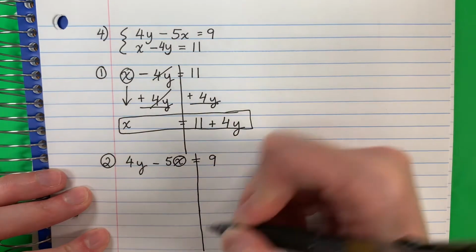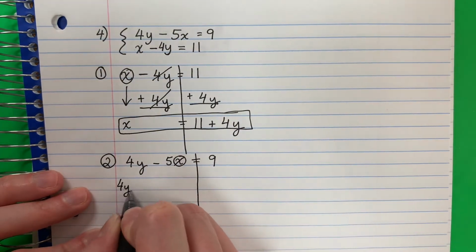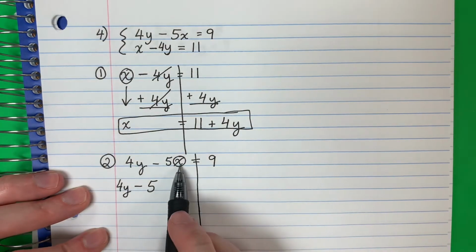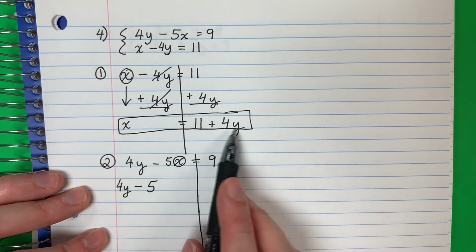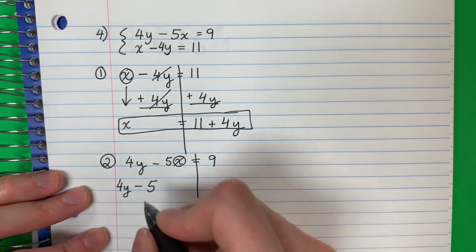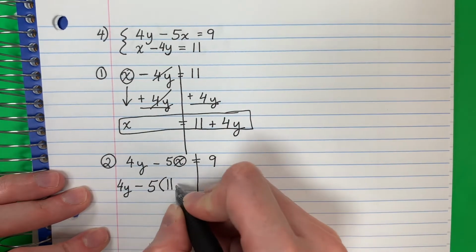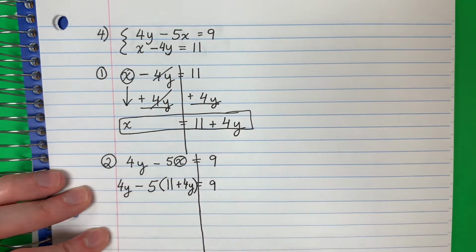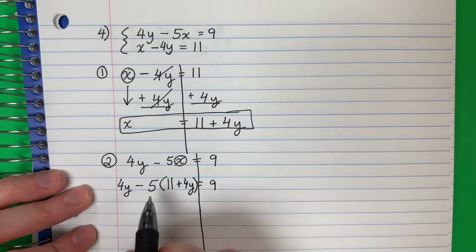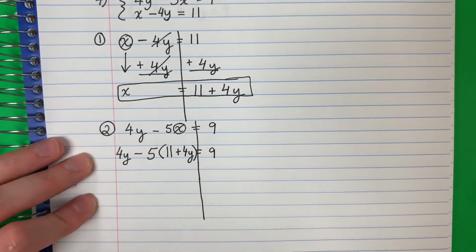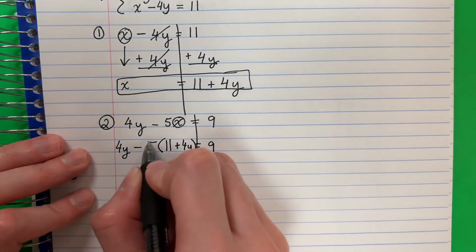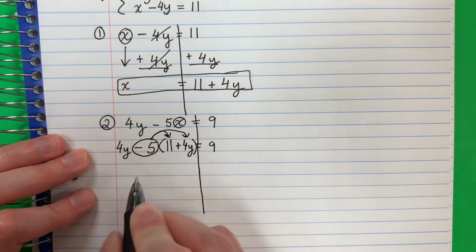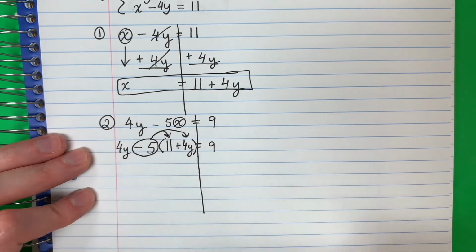So let's go ahead and do this. So 4y, copy, minus, copy 5. Okay. No x. You will put 11 plus 4y in paréntesis. So paréntesis, 11 plus 4y, paréntesis, equals, copy 9. Okay, I need to do paréntesis first, paréntesis primero. So I'm going to take this negative 5 and I'm going to do the distributive property. I'm going to give the negative 5 to 11 and again to positive 4y.